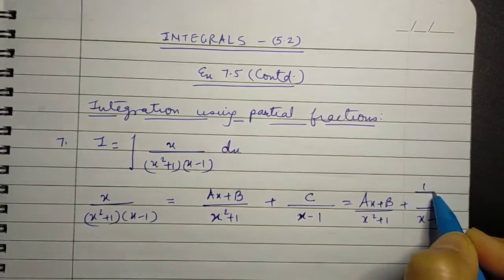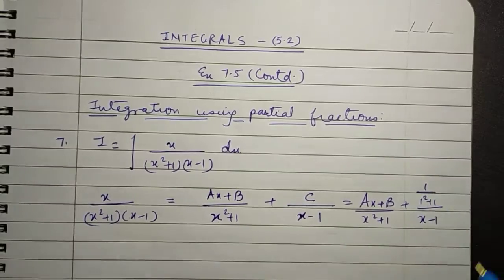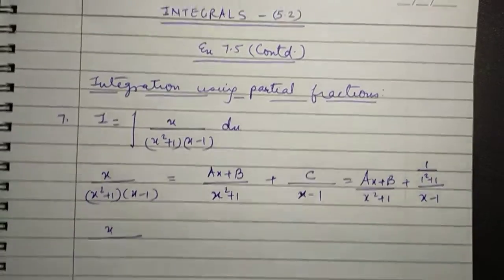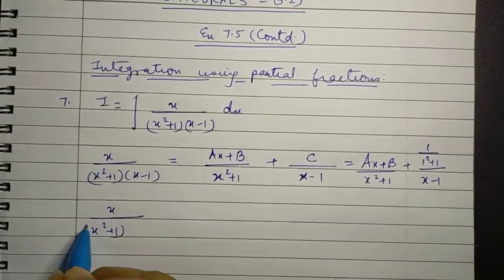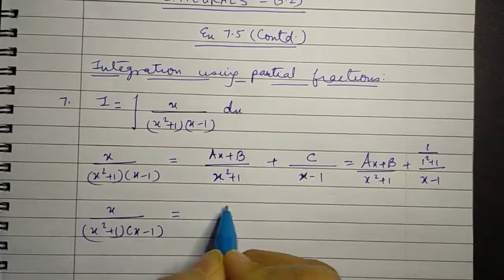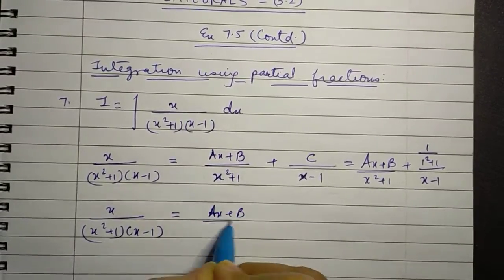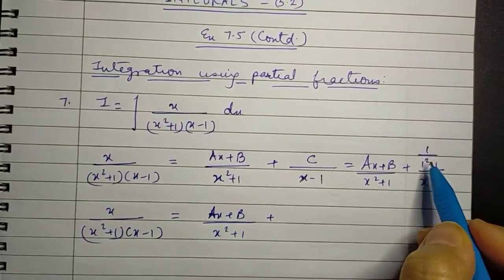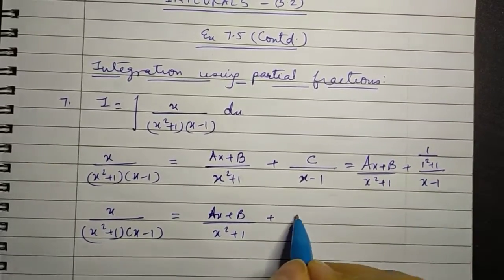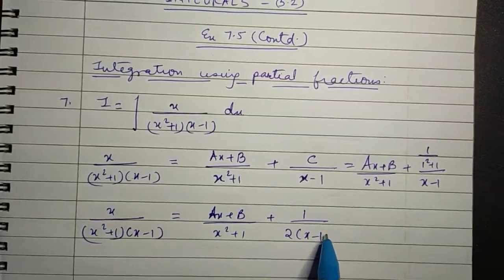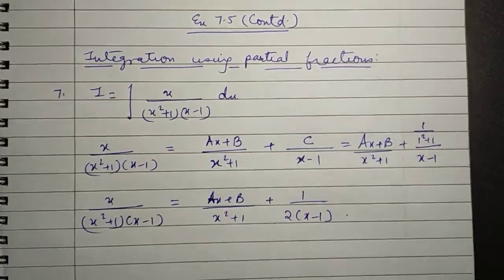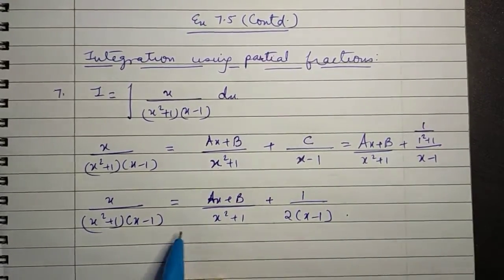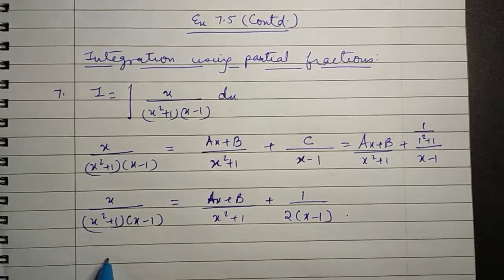So we get 1 upon 1 squared plus 1, and so we get the expression as (ax plus b) whole upon x squared plus 1 plus this gets solved to 1 upon 2, that is 1 upon 2 times (x minus 1). Now at this stage we will take the LCM and proceed in the regular manner.